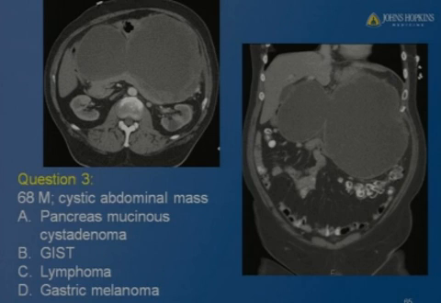We're about there. Yes, we are divided between the gastrointestinal stromal tumor and gastric melanoma.